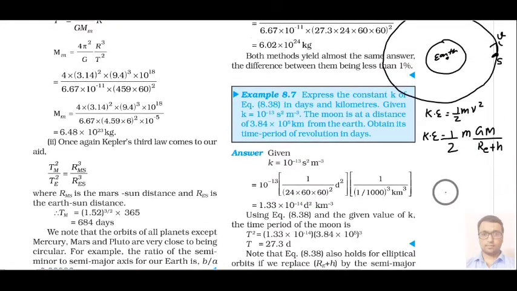And potential energy, we already know that potential energy between two particles is given by negative of G m1 m2, that is mass of earth into mass of satellite, upon r, and r is Re + h, the distance between center to center. So we have got two expressions here: one for kinetic energy and the second for potential energy.